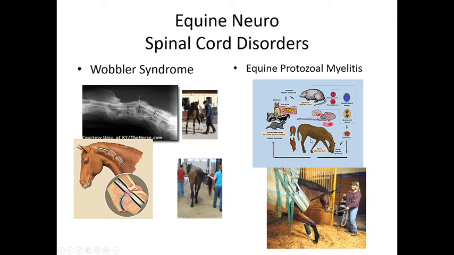Another disease of the spinal cord, equine protozoal myelitis. As the name says, it is passed along by protozoa, one-celled organisms that lodge themselves in the spinal cord and in the brain. These horses will become paralyzed, unable to walk.